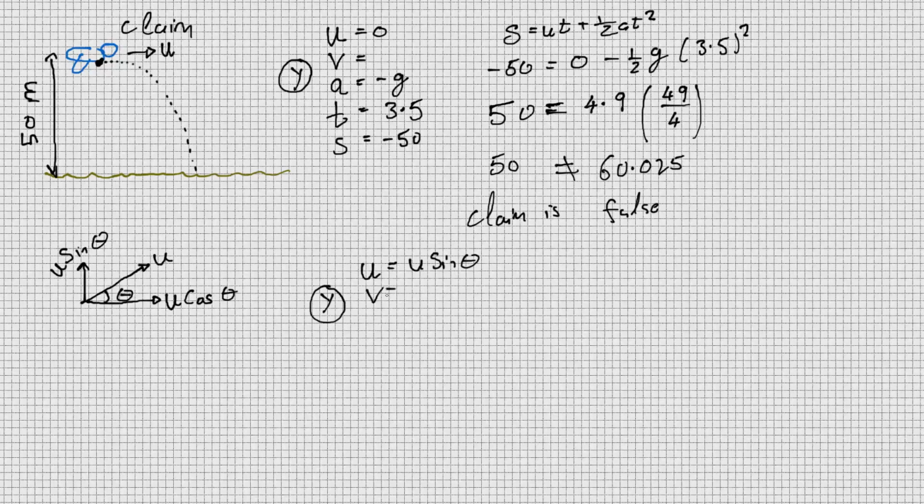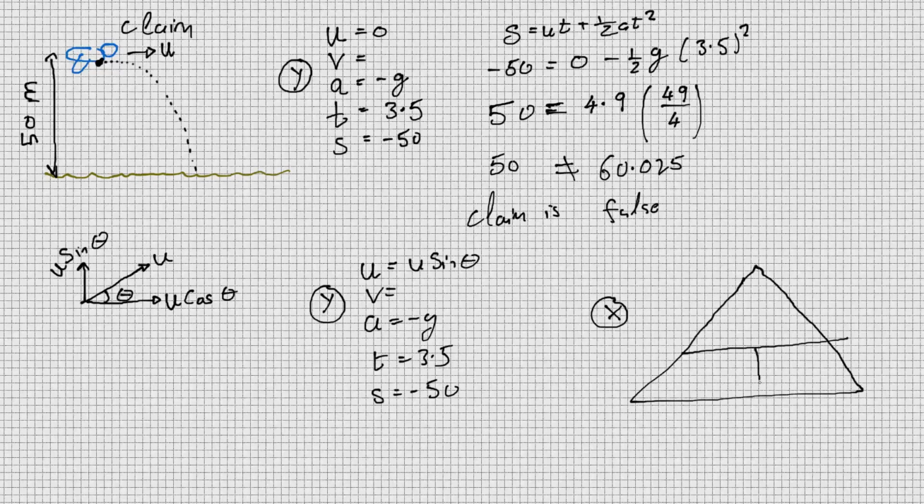The v we don't know, the a is minus g, the t we do know, 3.5, the s we do know is minus 50. And if we were to look horizontally, that's just the distance, speed, time triangle, because there's no acceleration horizontally.